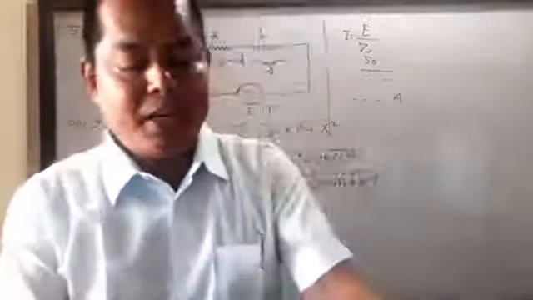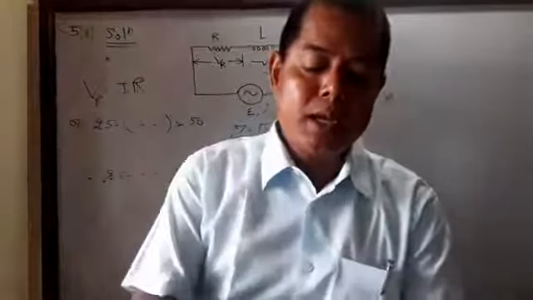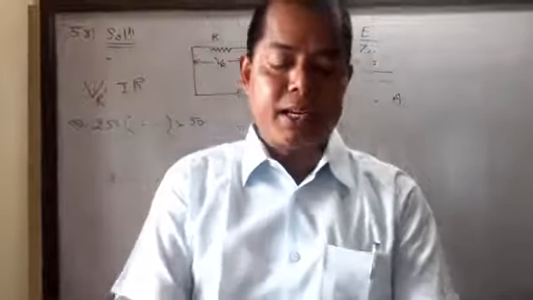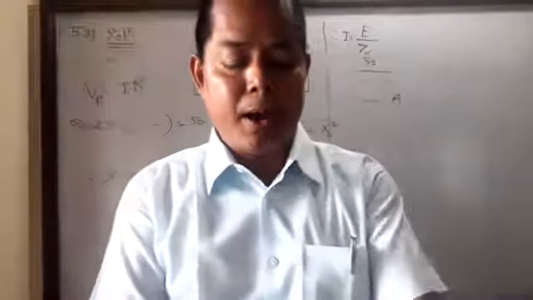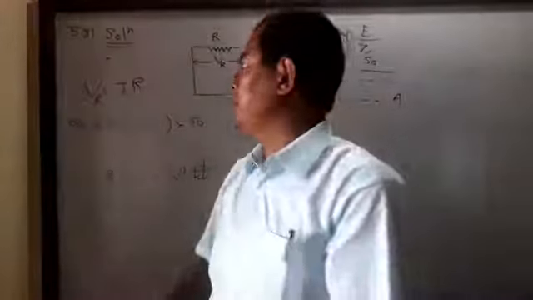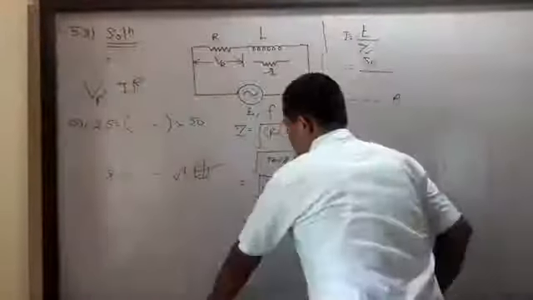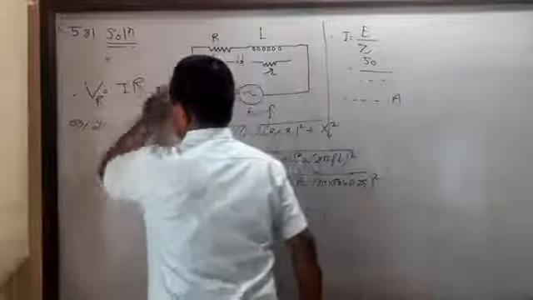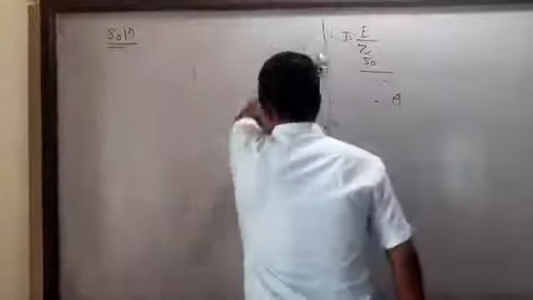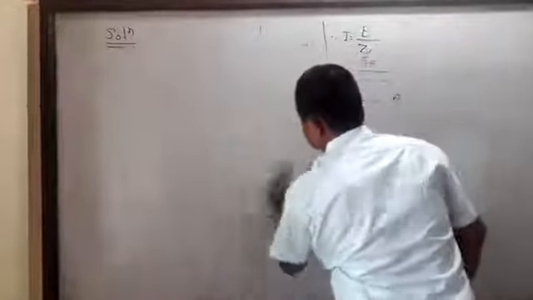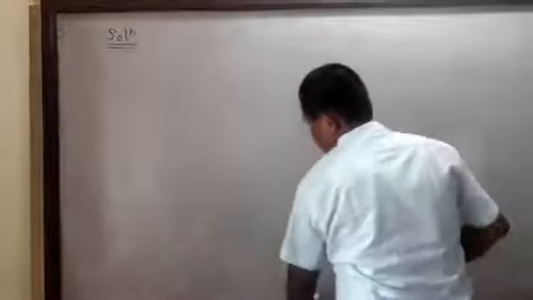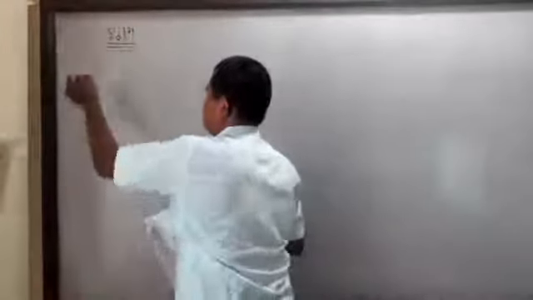Question number 59. An alternating voltage in an AC circuit is represented by an equation given to us.